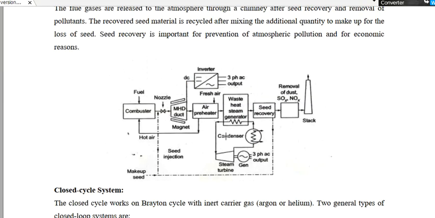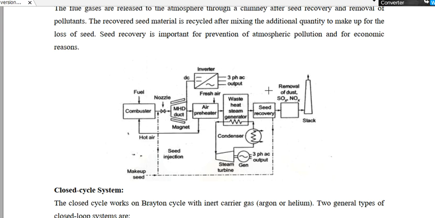After heating this air, these hot exhaust gases from the MHD generator can further be used to generate steam for a conventional steam turbine generator, and here again the electricity is generated.